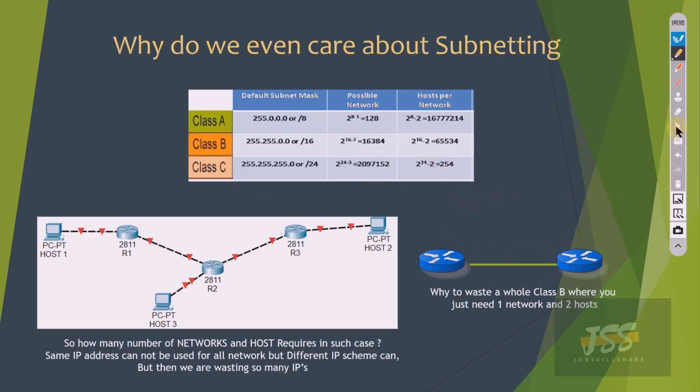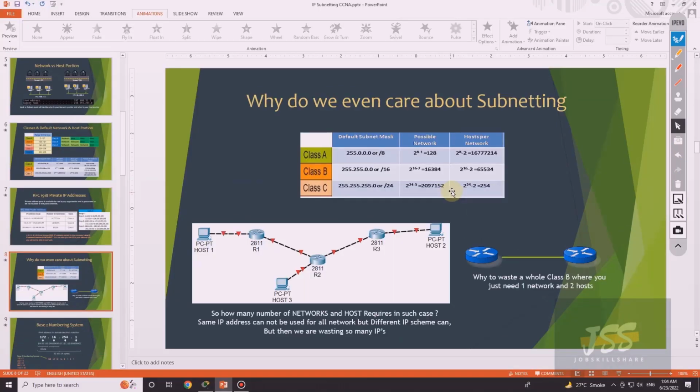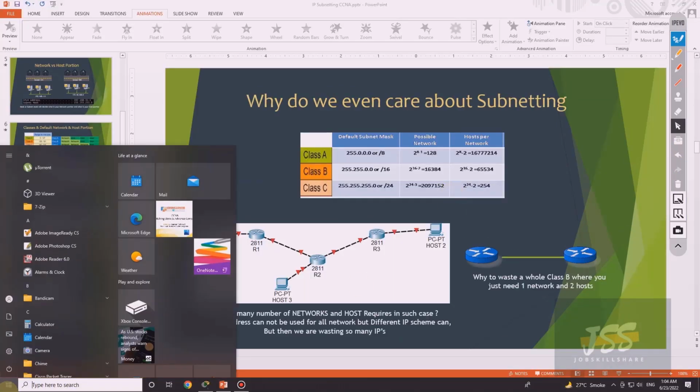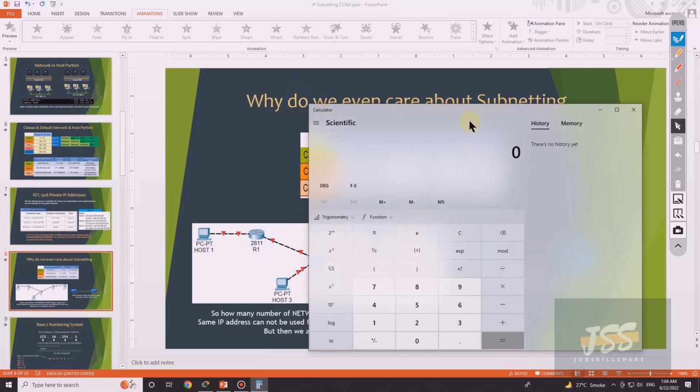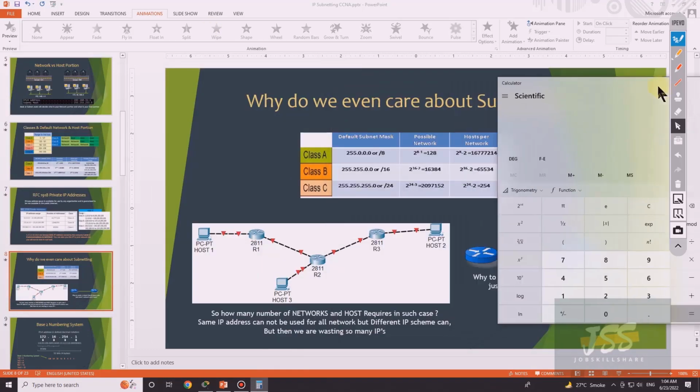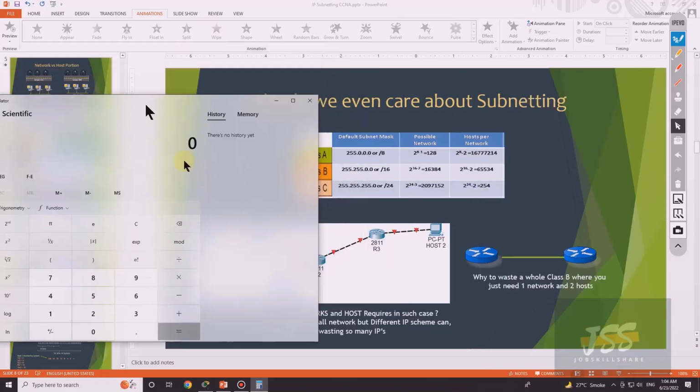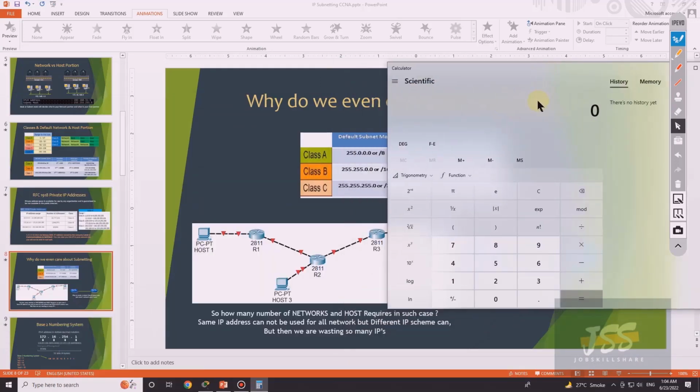By the way, if I show you the calculator, just a minute. We know this is class C. What is the subnet mask of class C? 255.255.255.0.